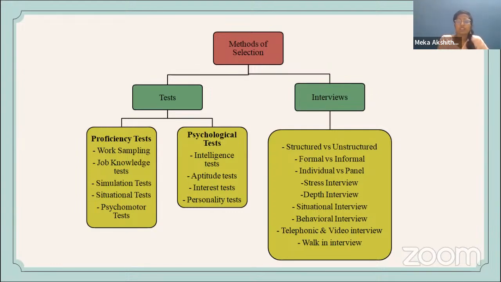Then comes the job knowledge test. In this, the organization itself would prepare certain kinds of tests with certain questions. They might be descriptive, short answers, or they might be MCQs.